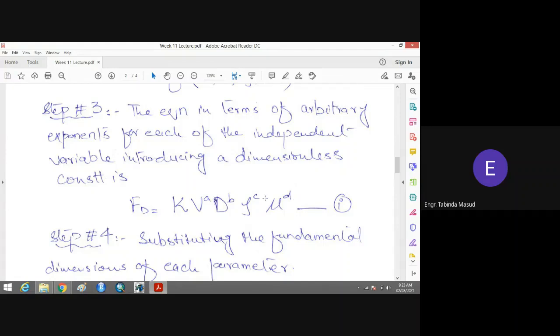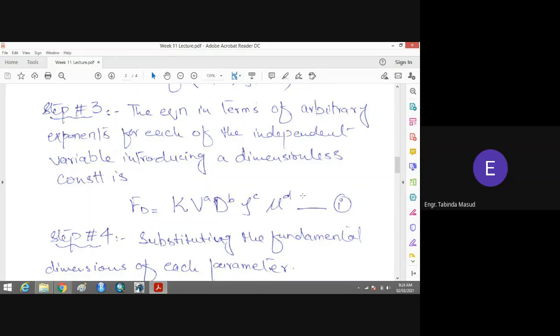Now what will happen if you have a large number of parameters in your problem, for example 8 or 10 independent parameters? Then what are you going to do? Drag force is equal to velocity, diameter, density, viscosity, with a lot of powers, a, b, c, d, e, f, g, h, i, j. Then how will you get the values of all these unknown exponents, because you have only 3 available equations? Here you got the values of a, b, c in terms of d.